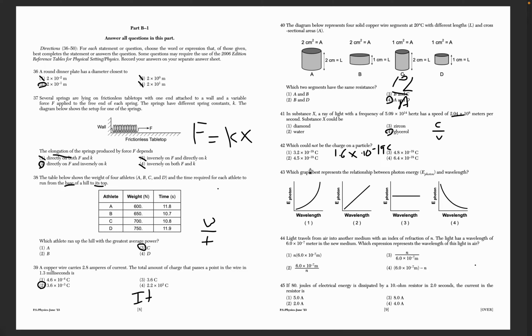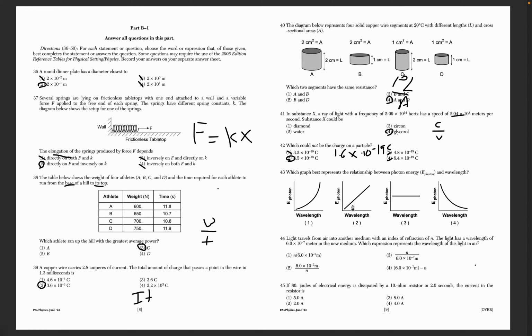So basically, the value which could not be the charge is the one that is not divisible by this value. So 3.2 times 10 to the negative 19 is divisible by this, which means it cannot be. 4.8 times 10 to the negative 19 is divisible, which means it's not that. 4.5 times 10 to the negative 19 coulombs, I believe that is not divisible, so it is choice 2. 6.4 times 10 to the negative 19 is divisible.